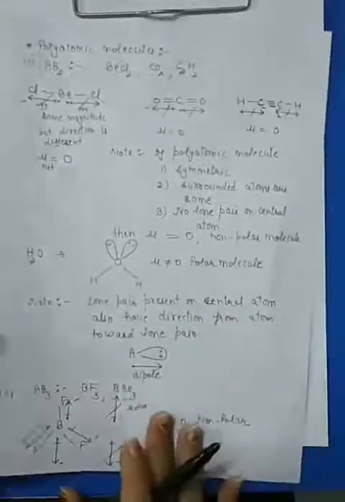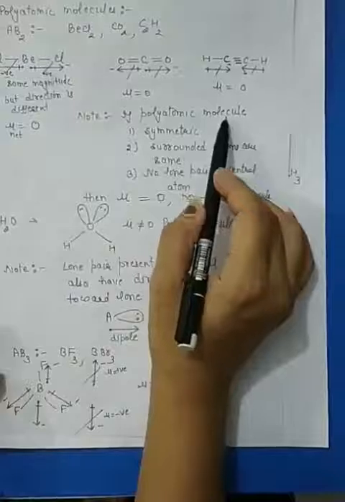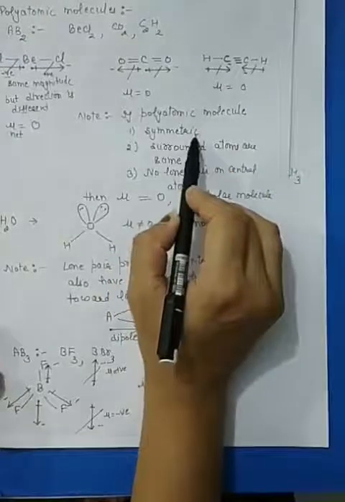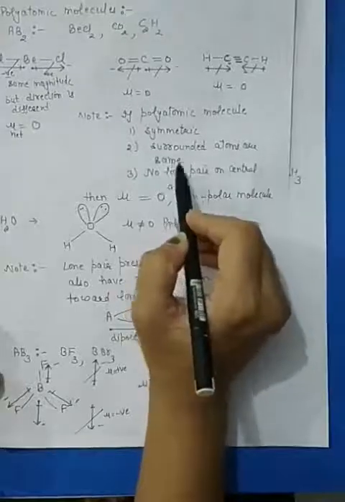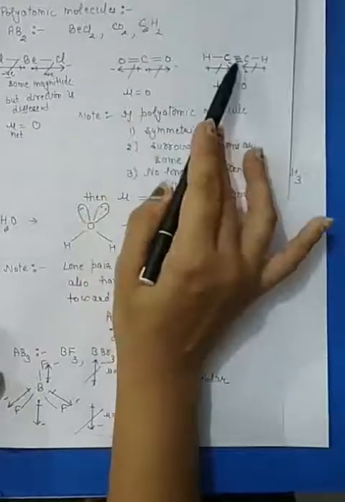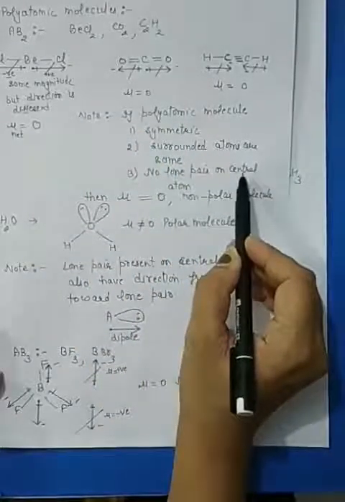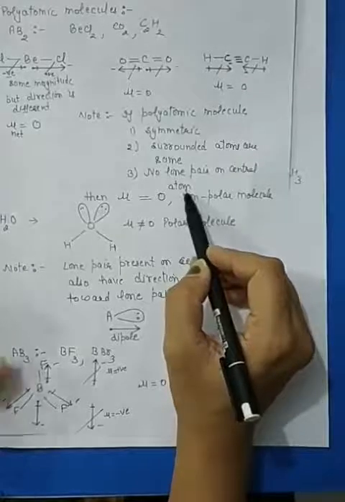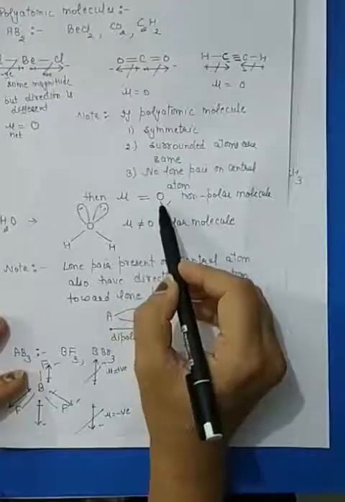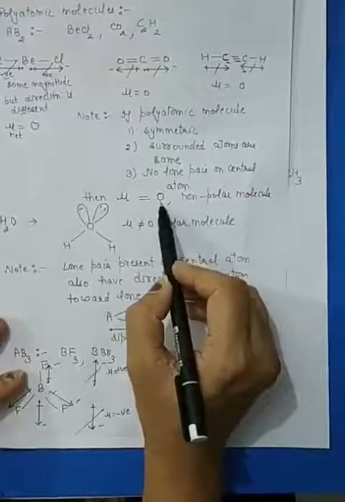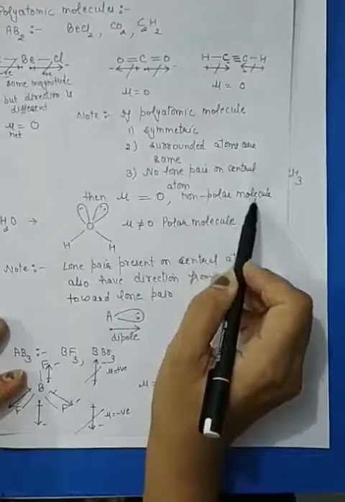The result we discussed here is that if a polyatomic molecule has symmetry, the surrounding atoms are the same around the central atom, and there is no lone pair of electrons on the central atom, then the dipole moment of such a polyatomic molecule is equal to 0. Hence, that molecule is a non-polar molecule.